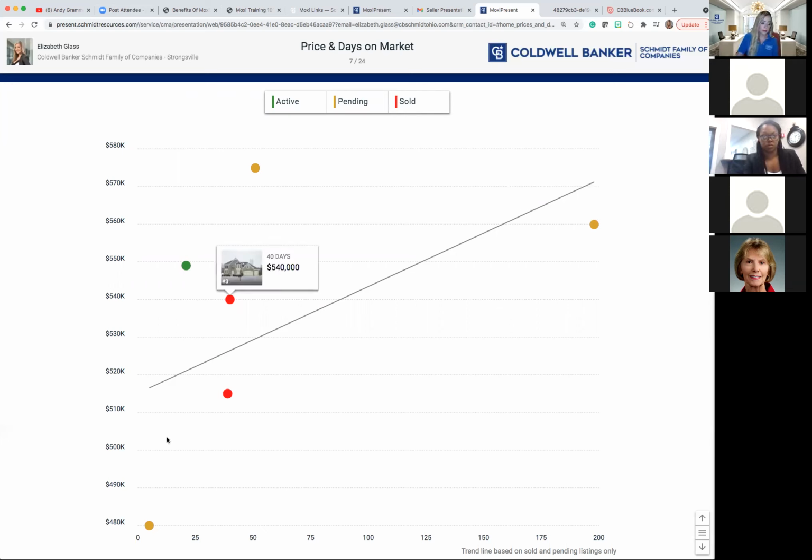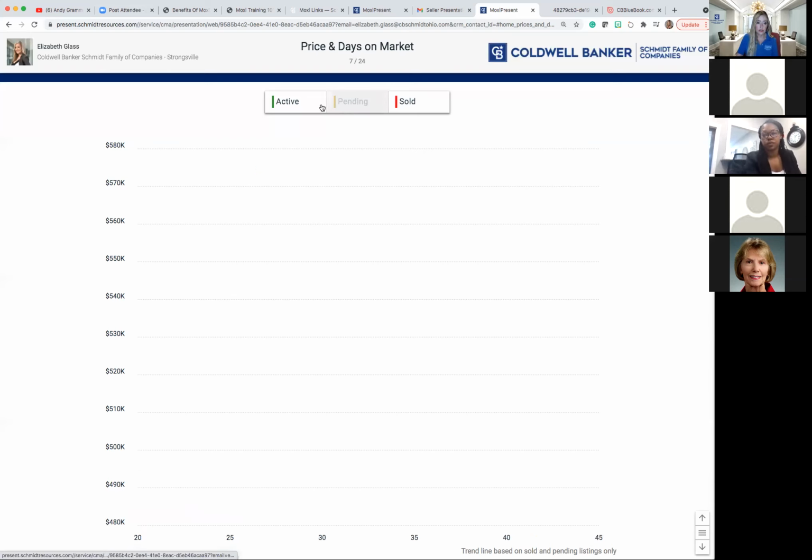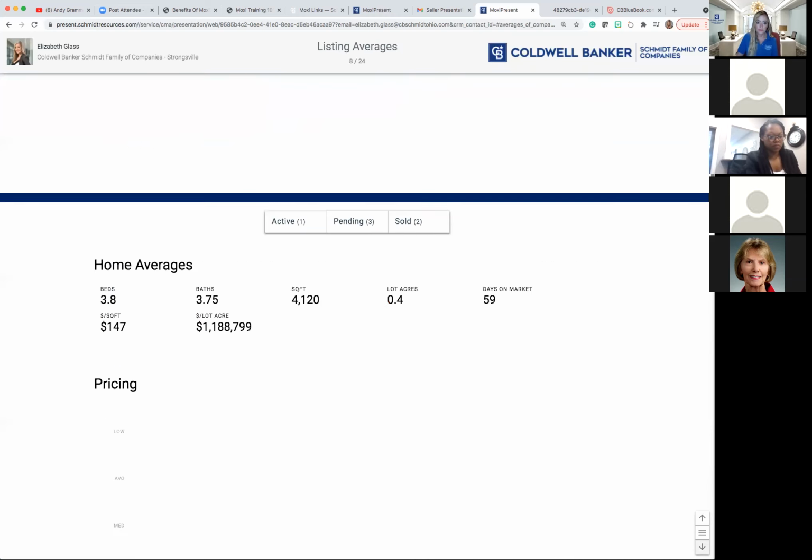But if you look at this baby down here, this guy was sold in 5 days. So you're definitely able to look at what the market is. And by clicking any one of these tabs, it adjusts so that you can actually see the days based off category, days versus price. So that was that slide.